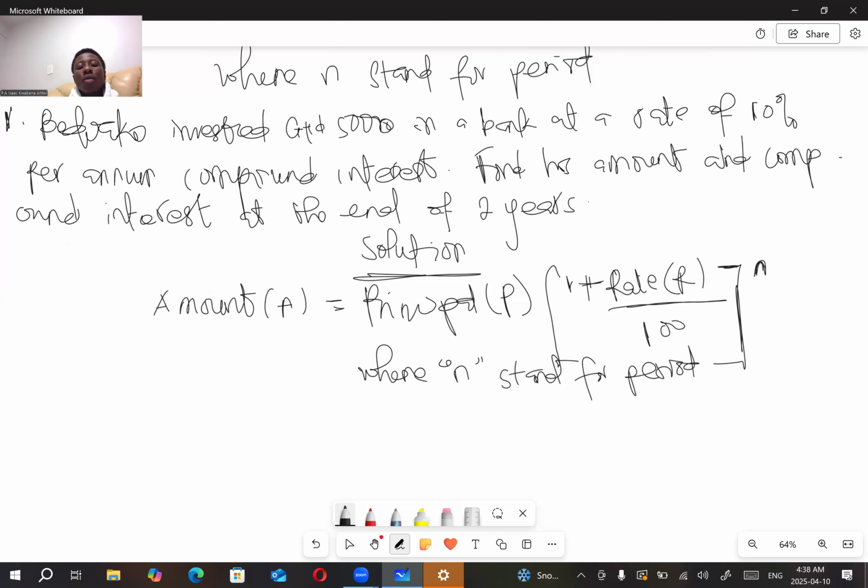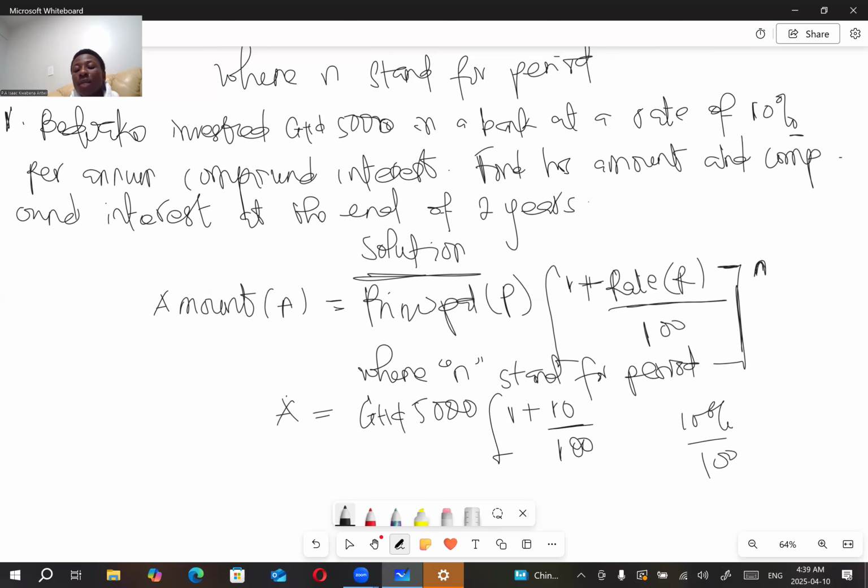So now we go. Amount is equal to, the principal in the question is 5,000, into bracket 1 plus rate, which is in the question as well, 10. Please, it's because of the units, percent, that in the formula we've divided by 100. So don't come and write 10% and divide by 100.